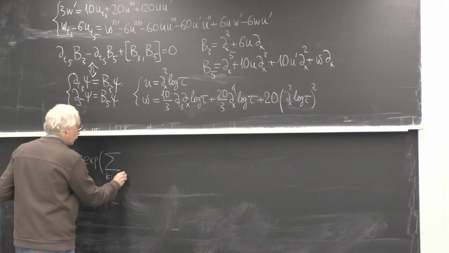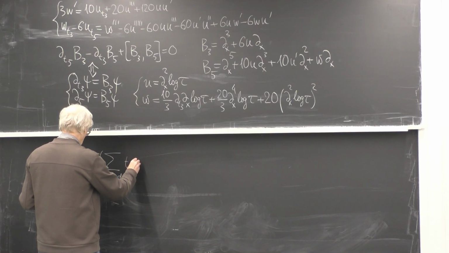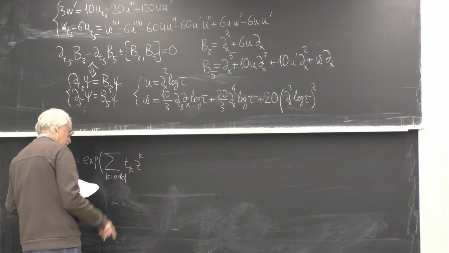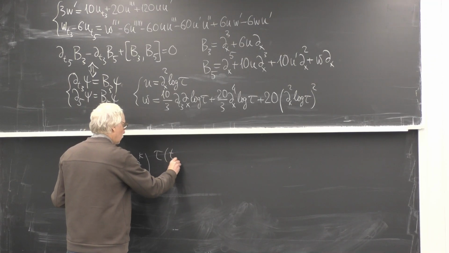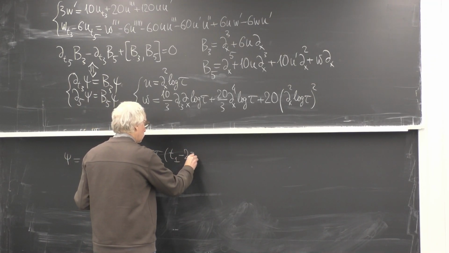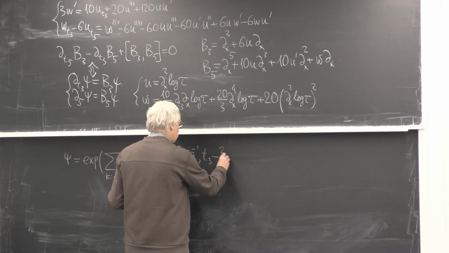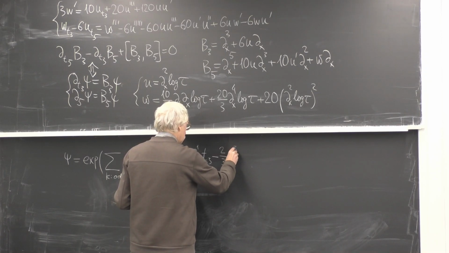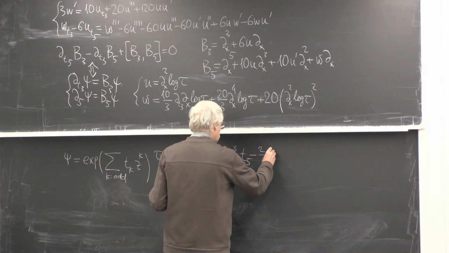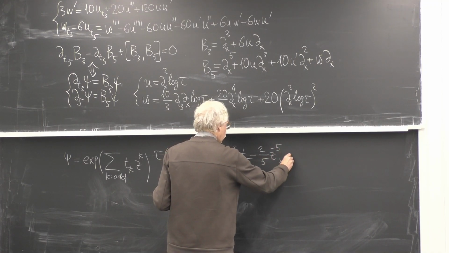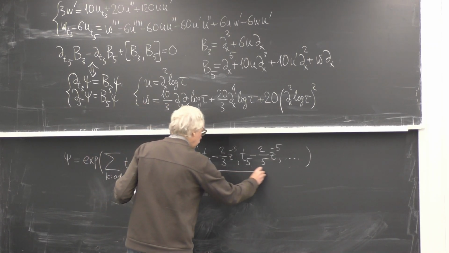Sum over odd numbers, z is spectral parameter, and so on, divided by tau.